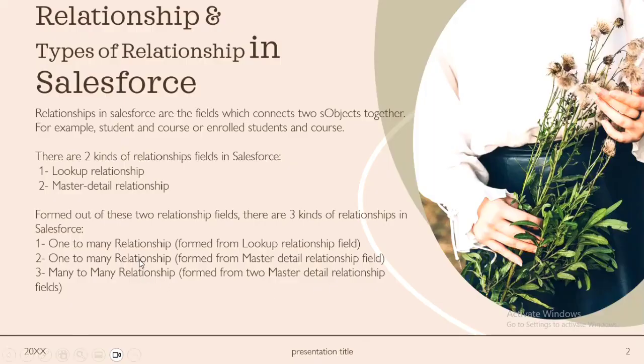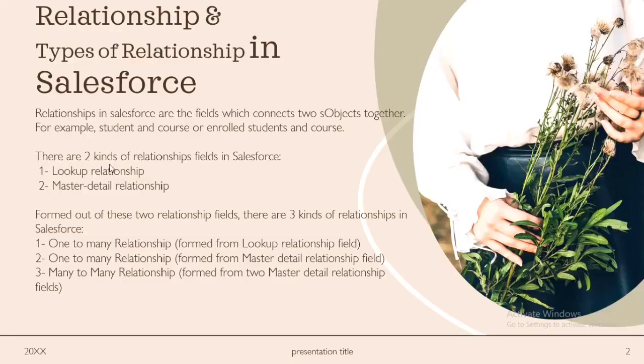So how do we create it? You simply need to go to a child record. Let's say if I want to make student as the child and course as the parent, then I'll go to the student record and create a lookup relationship, create a field. Just like in previous videos we saw that we can create a pick list kind of field, a text kind of field, a numeric field.